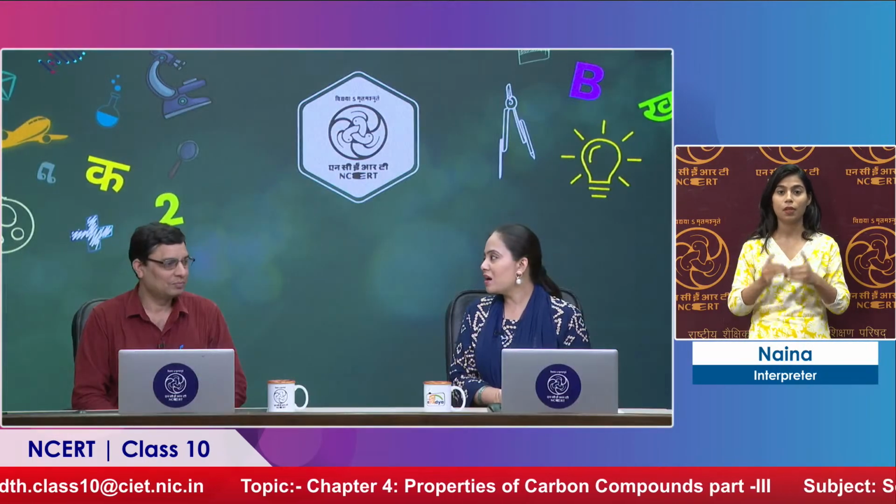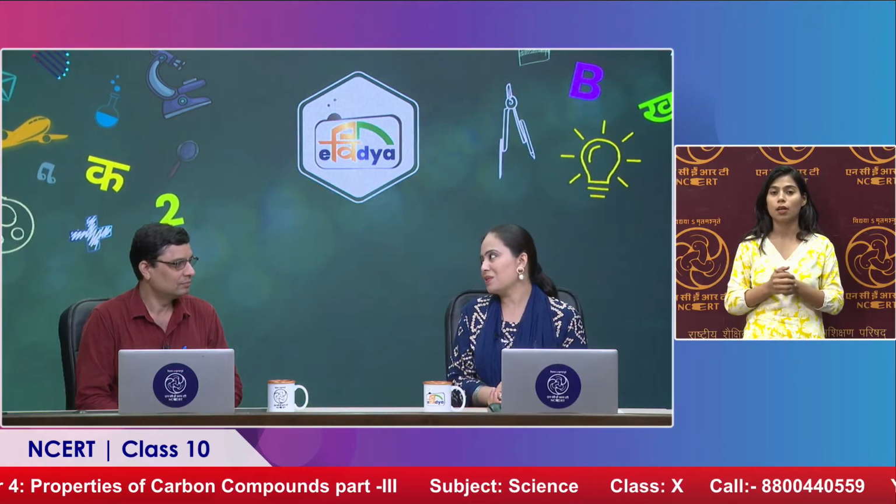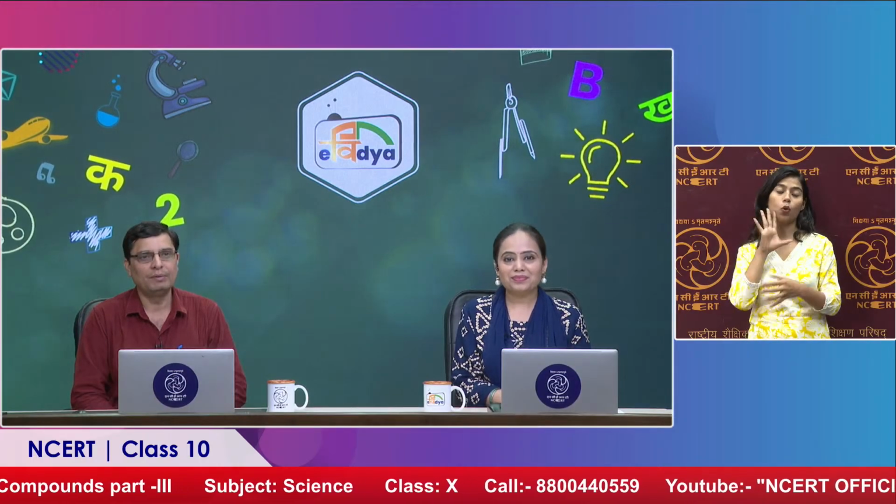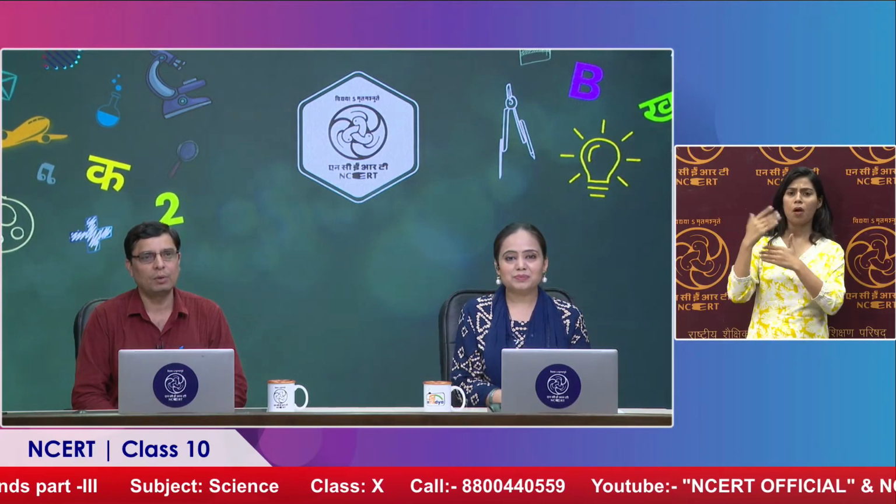Now sir, today we are in part 3 of this particular topic. Before you go about part 3, I request you kindly brief our viewers about what we have studied in part 1 and part 2. The chapter is of 10th class science, carbon and its compounds. In the previous classes we discussed the introduction of carbon and its compounds, with many examples.